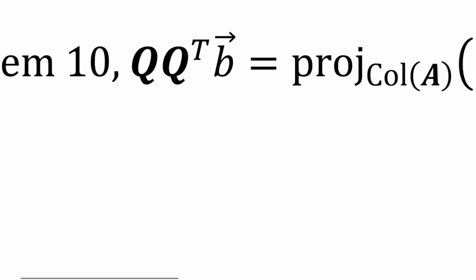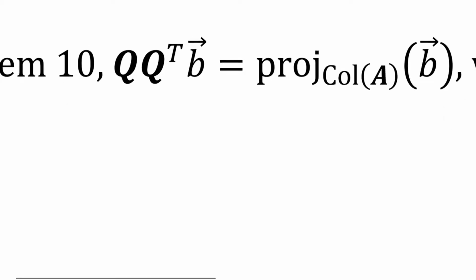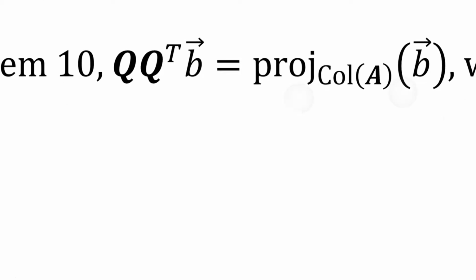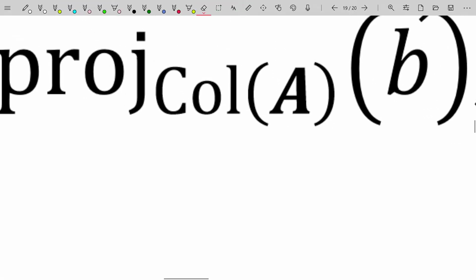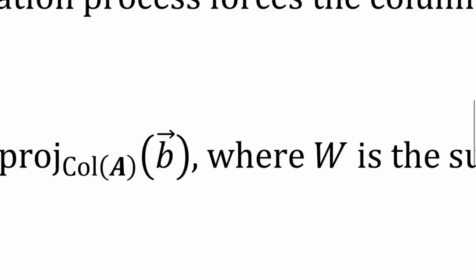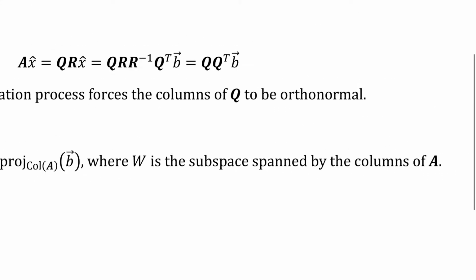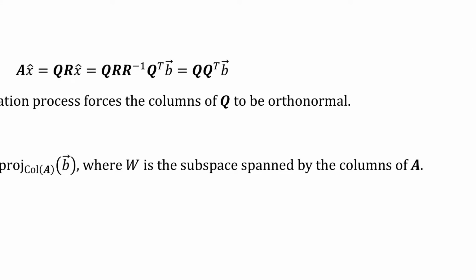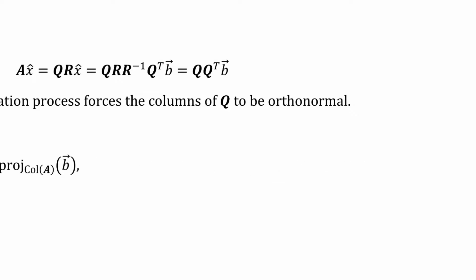Q times Q transpose B is a projection of B onto the column space of Q, which is the same as the column space of A. The column space of A is the same as the column space of Q in the QR factorization process. I have this little silliness here where W is the subspace spanned by the columns of A. Actually, I just called that the column space of A, so let me go ahead and erase that. That's not even needed in this discussion.